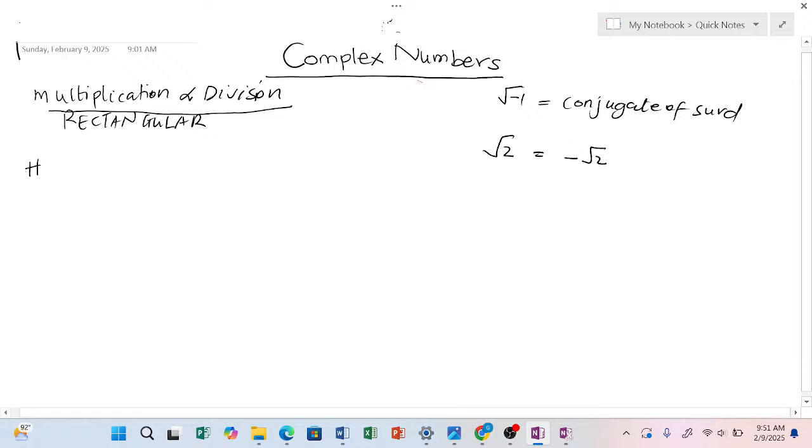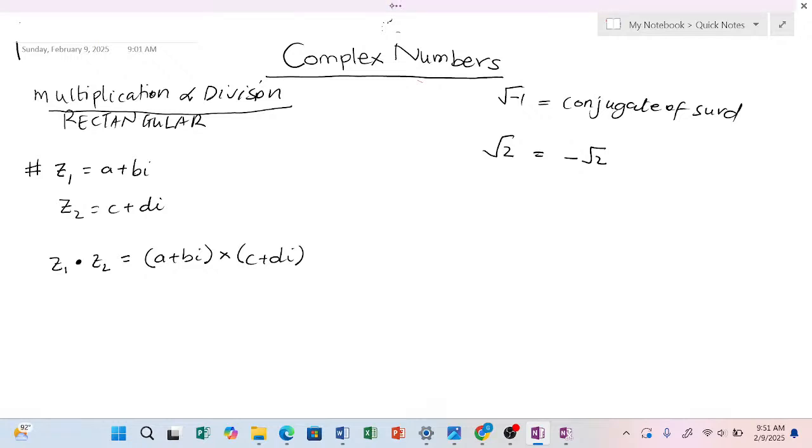So now we want to look at multiplication. If I have complex number 1, which is a plus bi, and complex number 2, which is c plus di, and we are multiplying, that is z1 times z2. And so you know your binomial expansion, which is a plus bi multiplying c plus di.